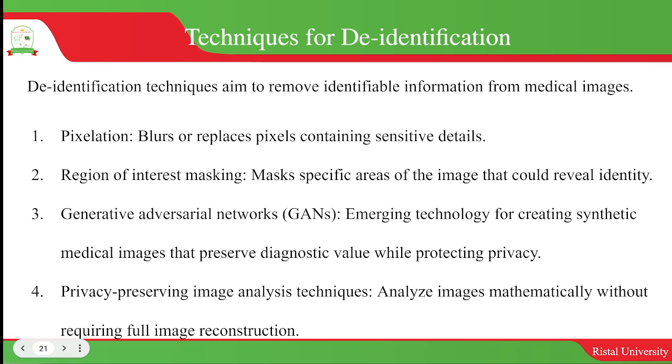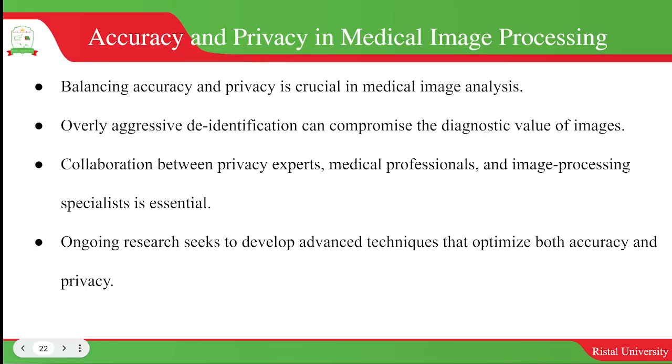And then we have also mathematical techniques that can analyze images without needing the full image reconstruction. This is basically to say that there are a lot of emerging technologies that can be used to reconstruct images and use them for the purpose that you actually want to use them for. Okay?